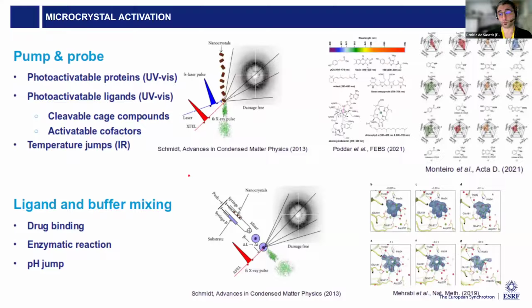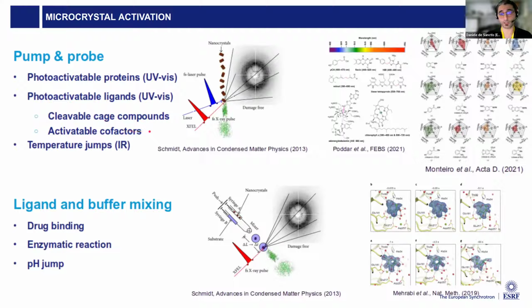Working at room temperature and on microcrystals in the context of time resolved studies also opens new perspectives for more efficient pump-probe experiments when using proteins that are naturally photoactivatable, or proteins that contain a photoactivatable ligand, which could be a natural substrate of the protein, or an artificially synthesized compound that contains a photocleavable cage.